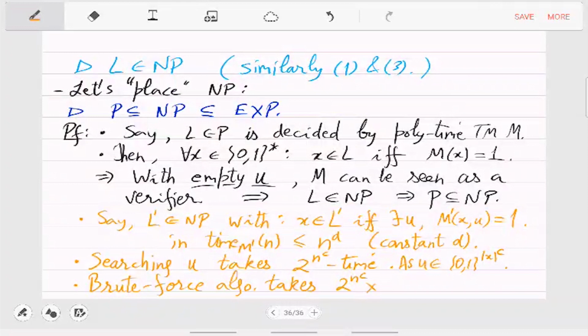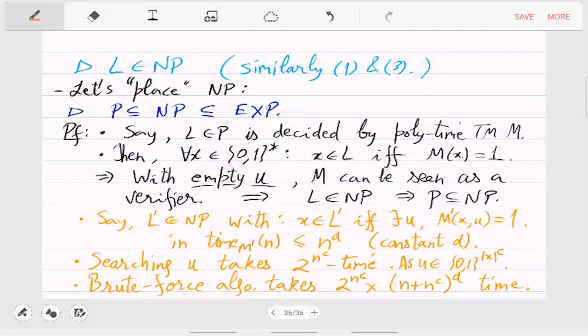Actually, U is as large as n to the c, so it will take slightly more time: (n plus n to the c) raised to d.